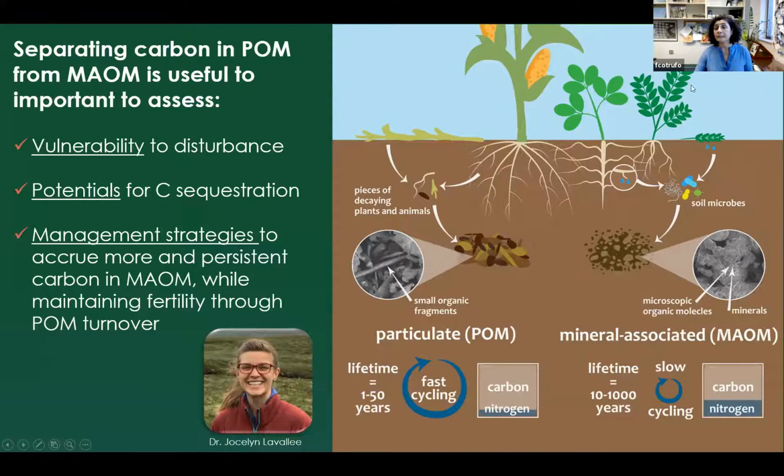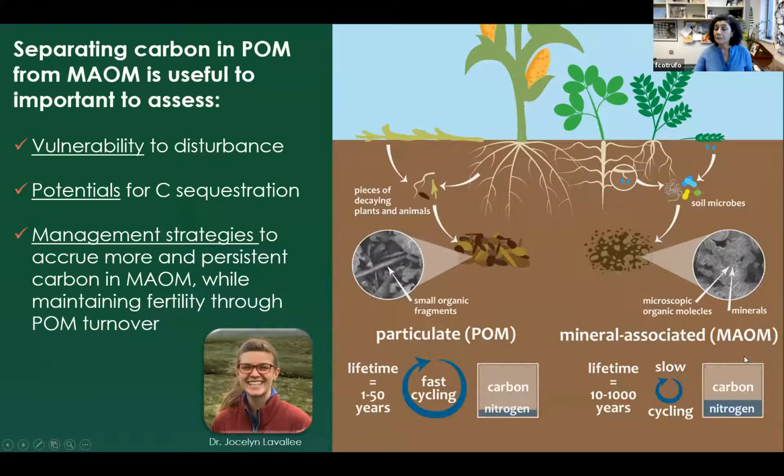And the idea here is that in soil, if you want to understand how soil works, we really need to separate these 2 contrasting components: the particulate organic matter, which is mostly formed of plant residues and microbial structural residues, from the mineral-associated organic matter that is produced more from soluble material and microbial necromass.